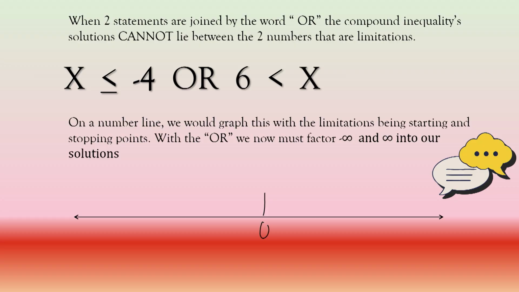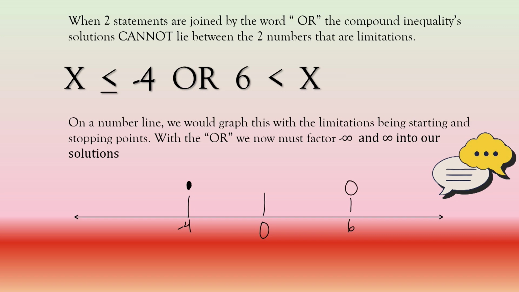I'm going to put my 0. I have my -4 and I have my 6. Now, it says that my unknowns are less than or equal to, so I know that's a closed circle. And it also says that 6 is smaller than my unknowns, so I have an open circle there.